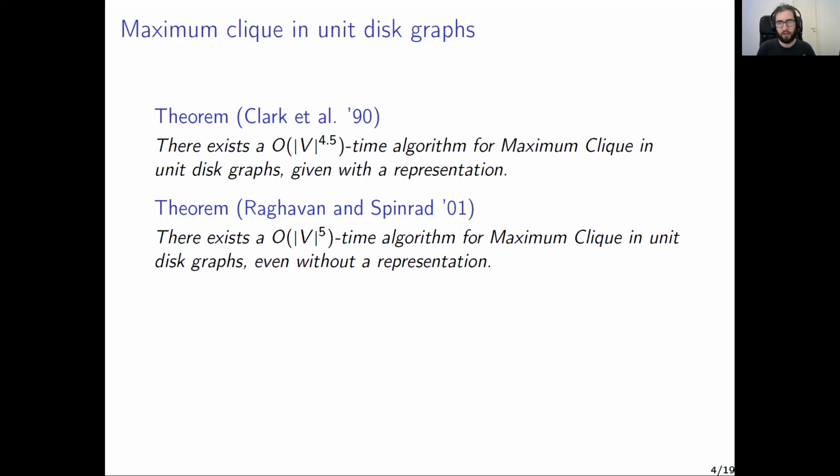This was extended 10 years later by Raghavan and Spinrad, who found a polynomial time algorithm for maximum clique in unit disk graphs which works even without a representation. Which means that the algorithm only takes as input an abstract graph and either outputs a maximum clique or a certificate that the graph is not a unit disk graph.